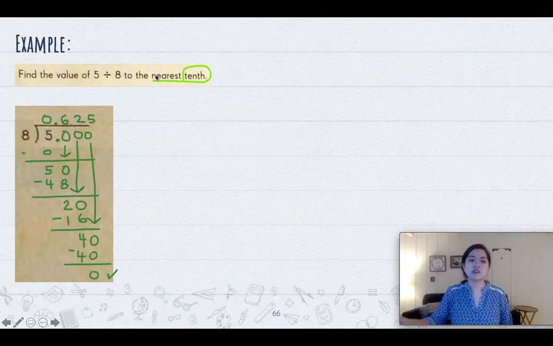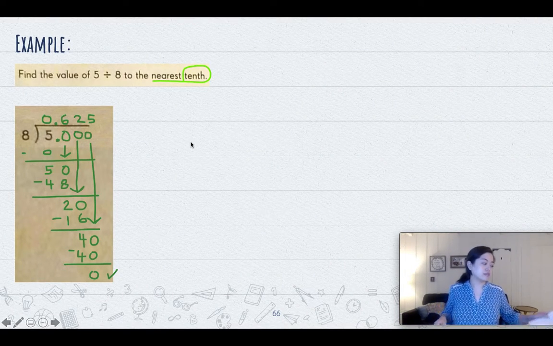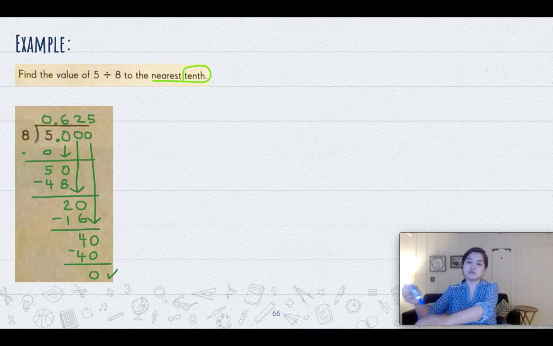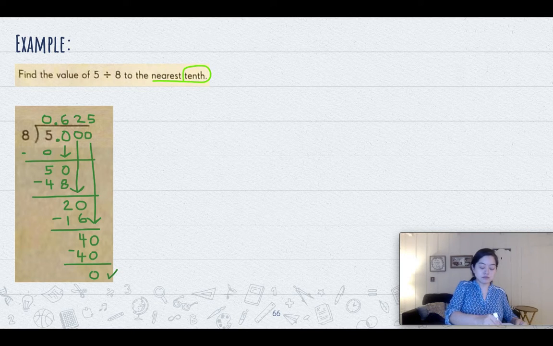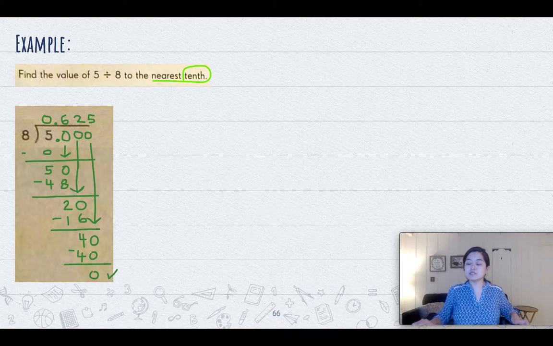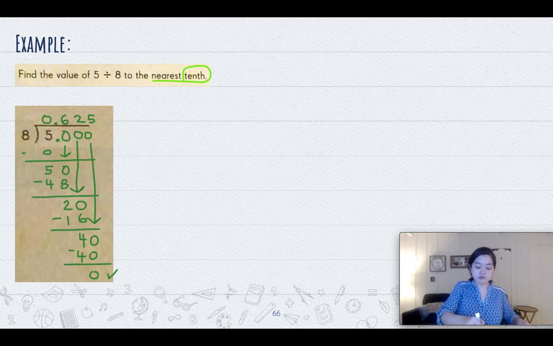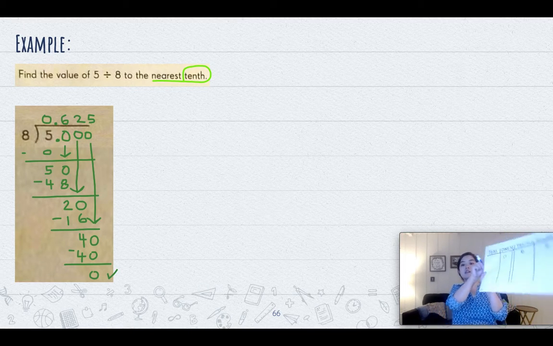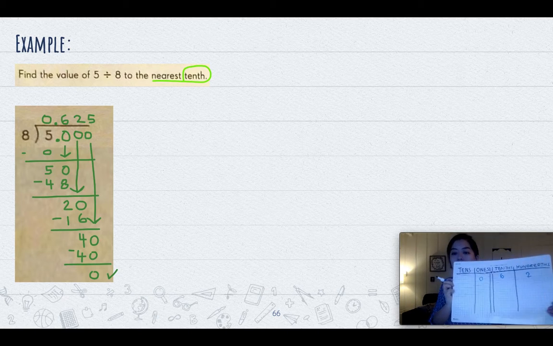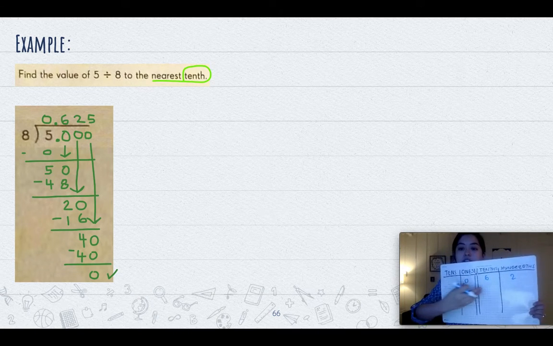Now, we want to round this to the nearest 10th, okay? If I write 0.625 in my place value chart, right here that I created, okay, oh, I only have it up to the hundredths, don't I?